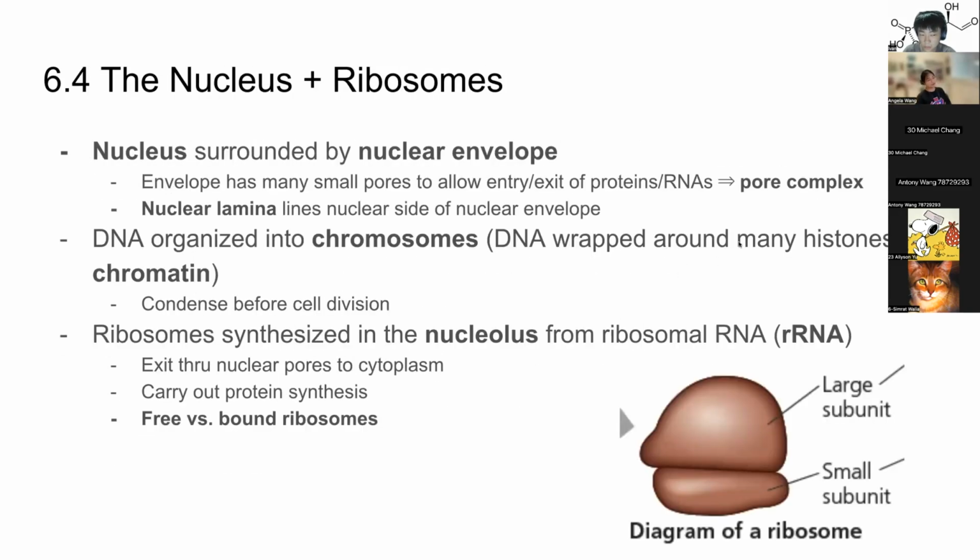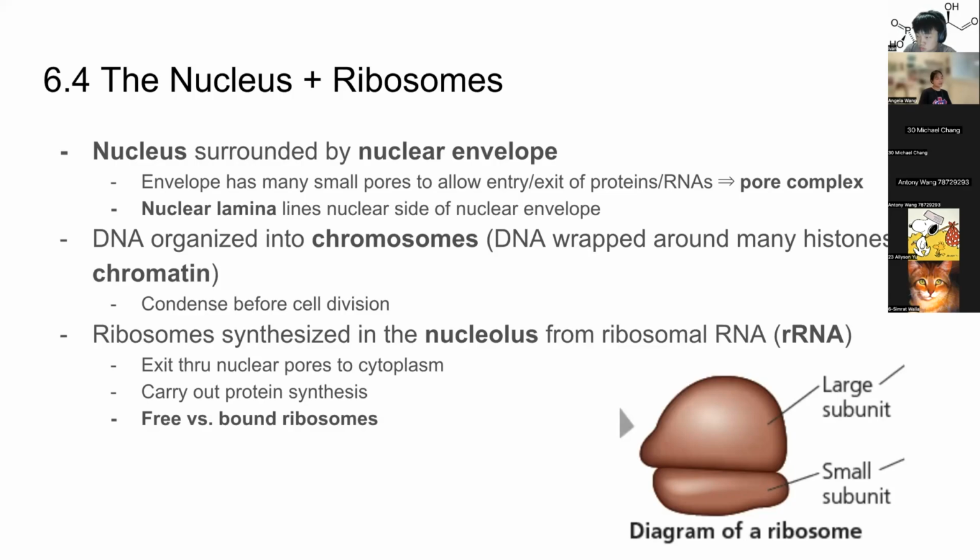So I'm going to go into more depth about the nucleus and ribosomes. The nucleus is surrounded by a nuclear envelope, which is a double membrane. The envelope has many small pores to allow entry or exit of proteins and RNAs, which is called the pore complex. And the nuclear lamina lines the nuclear side of the nuclear envelope.